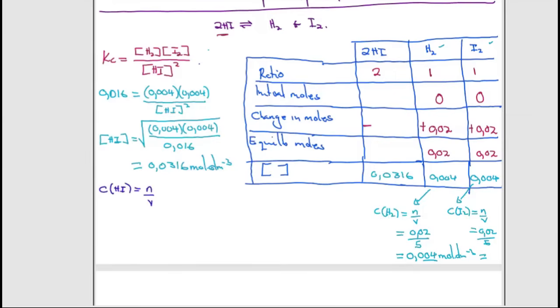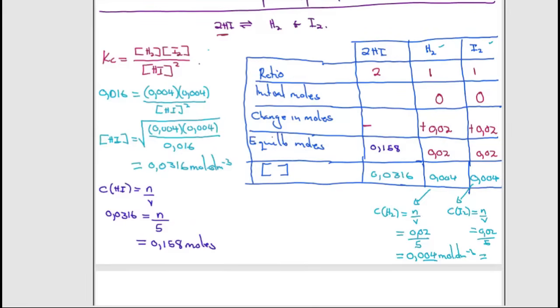Because I'm looking for the number of moles. We said the concentration of HI is 0.0316, which is equivalent to n over the volume, which remains the same, 5. If we cross multiply, we get 0.158. These are the moles at equilibrium, so this is the value I'm going to write: 0.158 moles.